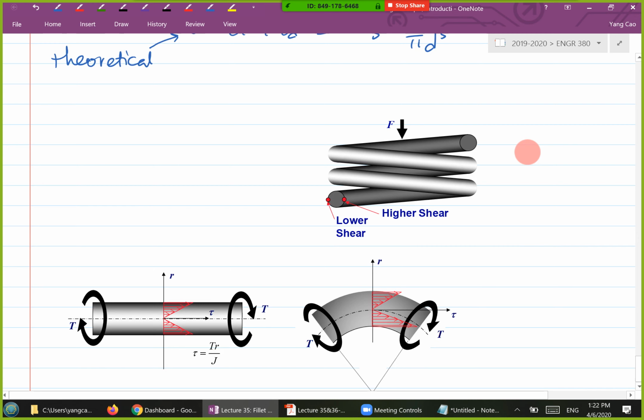When you have a curved wire or bar, the interior actually shows a slightly higher shear stress than the exterior.